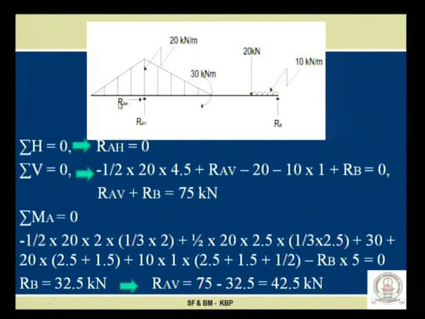Let us go further. Next is the plotting of the shear force and bending moment diagram. So let us go to the first one, that is plotting of the shear force diagram.